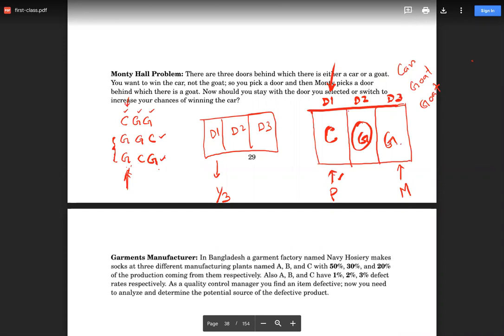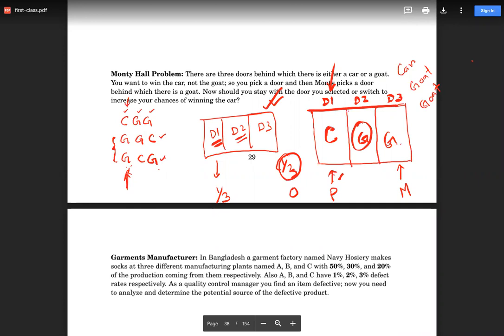Now, let's say Monty exposes that this one is a goat. Then should you stay with door 1, or should you move to door 2? What this in essence tells you is this: there was a 1/3 chance associated with door 3 being a car, but that chance is right now 0 because Monty has already opened the door and shown you it is a goat.